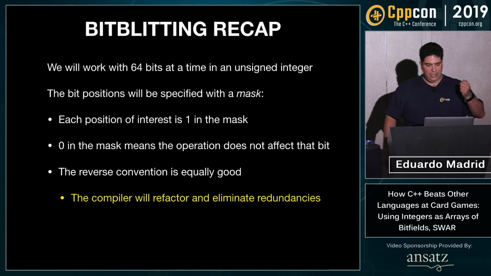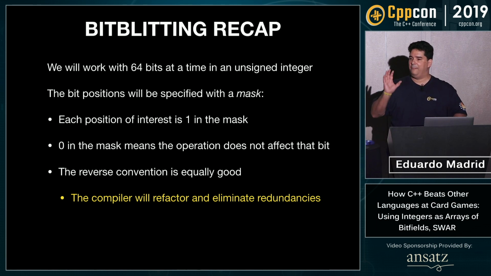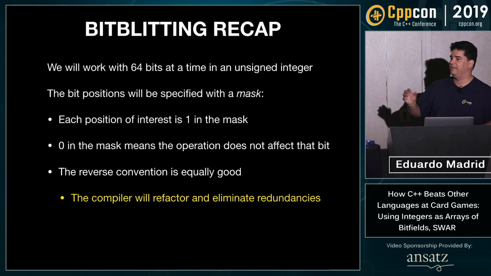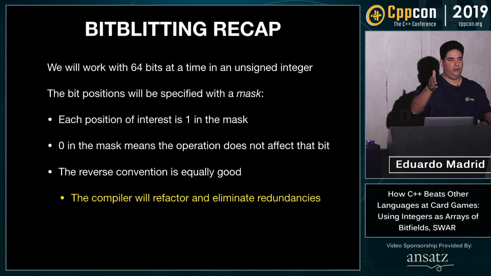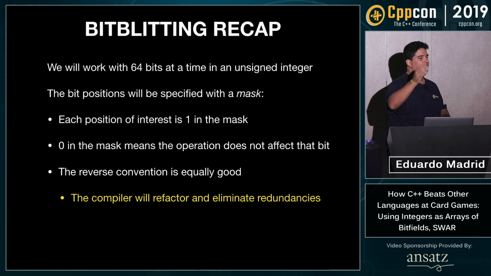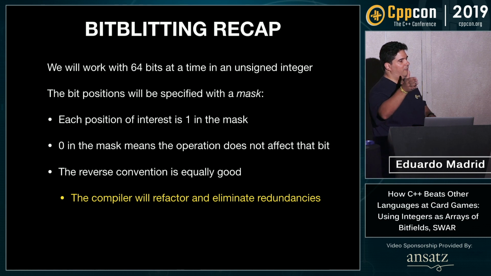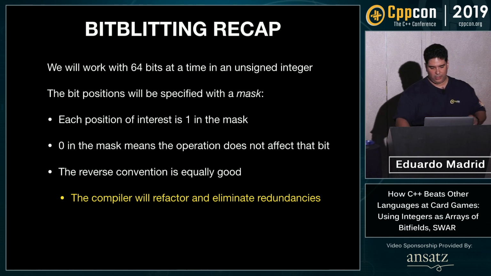When we are talking about bit splitting, there is always a mask that tells us what are the bits that we're interested in. If the mask has a 0 in a bit position, then we don't care about that bit. But if the mask has a value of 1, then we care about that particular bit. That's all that a mask means.